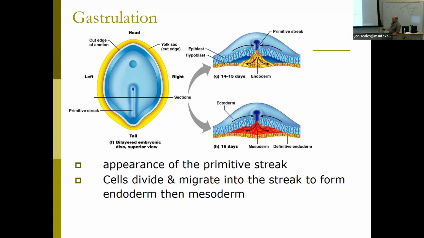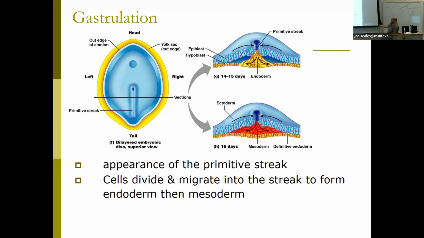So what else is happening during gastrulation is establishment of what we will say are the three body axes. So the anterior posterior axis, the left right axis, and the dorsal ventral axis. Okay.